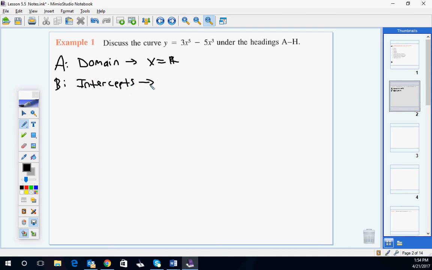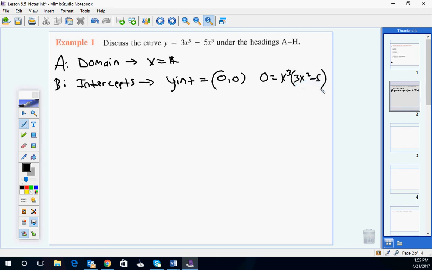My y-intercept is 0. That's (0, 0). Plug 0 in for x, I get 0. How about my x-intercept? How do you get an x-intercept? You make y 0, right? So let's see, we take out an x cubed, and we'd get 3x squared minus 5.